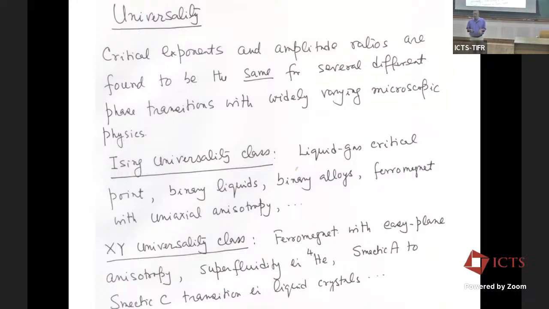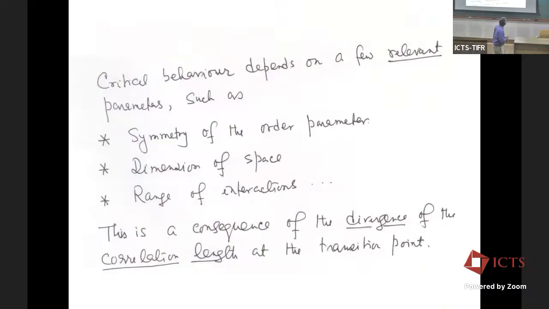And this fact is known as universality, that the critical behavior is to some extent universal, determined by only a few quantities, which can be the same in all these systems which fall in the same universality class, but their microscopic physics may be very different. So this is what one is saying. Critical behavior depends on a few relevant parameters, and I have just given you a list of such parameters which tell you about which universality class your particular system belongs to.